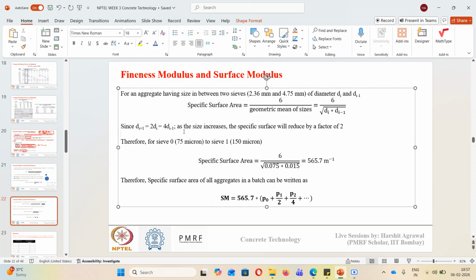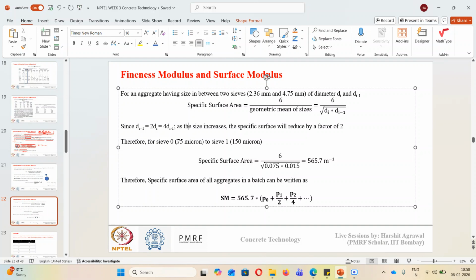Since it is in geometric progression, we know di plus 1 is 2 times di, or 4 times di minus 1, like 2.36, 4.75, 10. They have a factor of 2 between them.